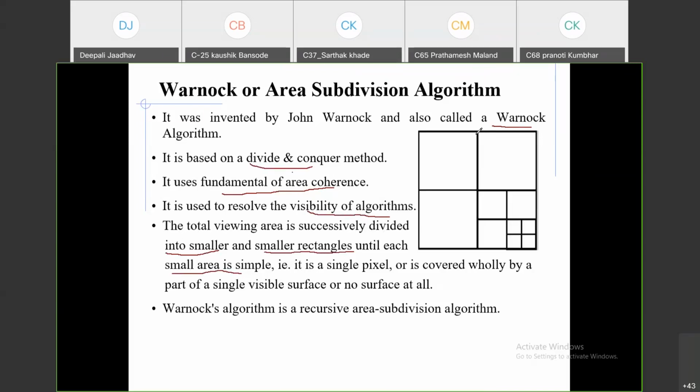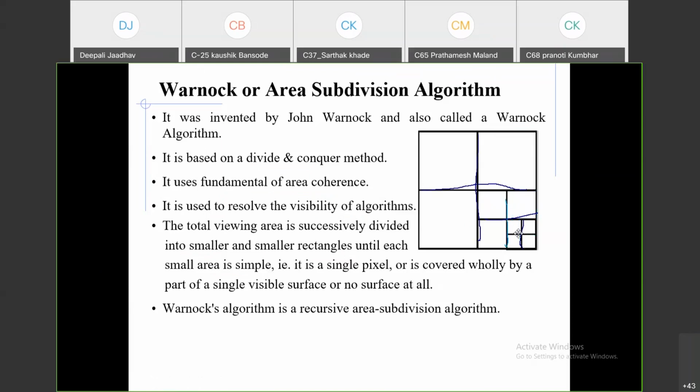Here you can observe that this entire area is divided first into 4 parts. Then again, if required, it is divided into the next 4 parts. Then again it is divided into the next 4 parts.